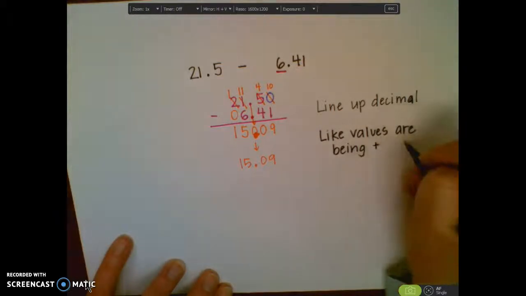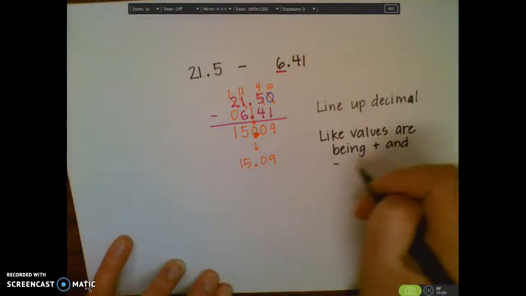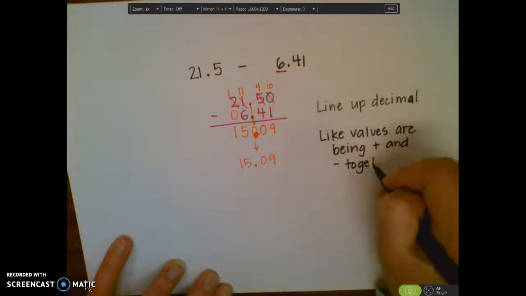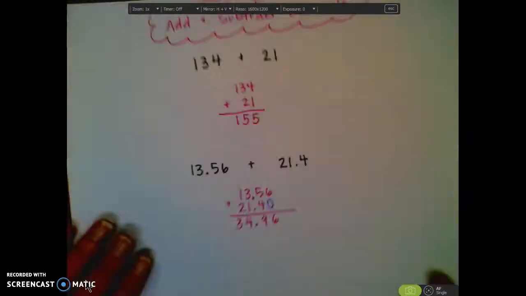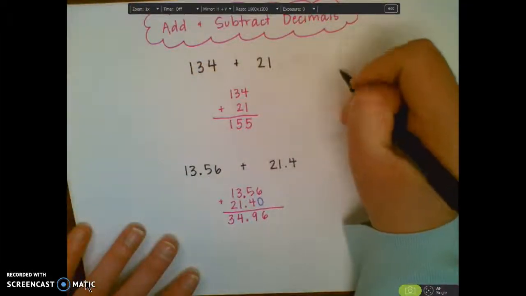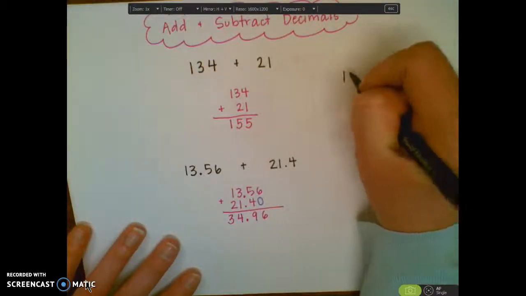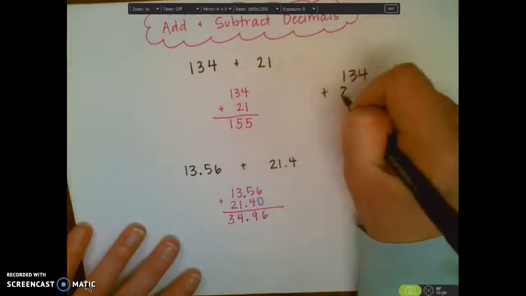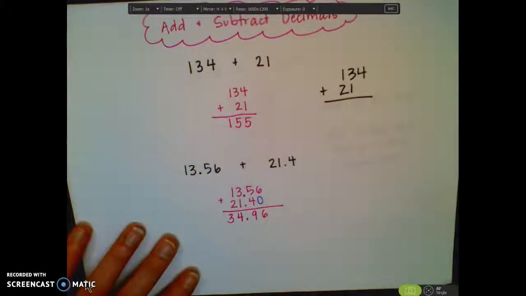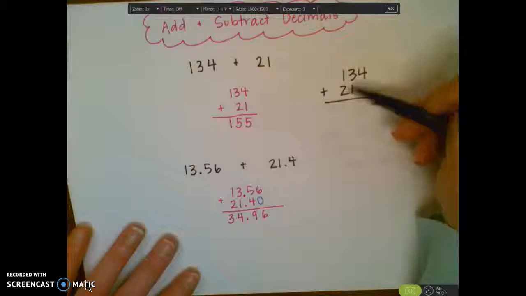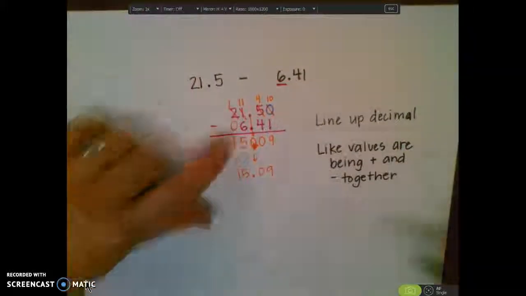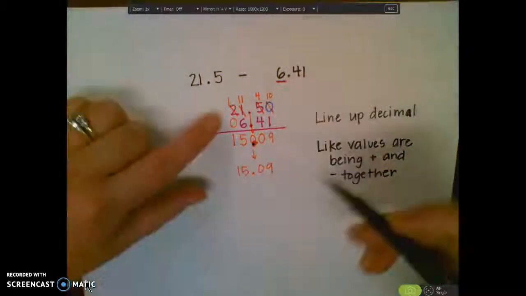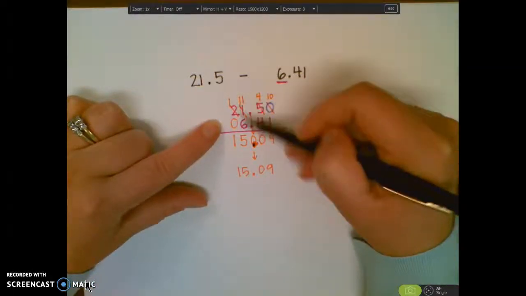Because if I didn't do that, I'd be taking a problem like 134 plus 21 and maybe doing this. And we know that's not correct because now I'm putting hundreds with a 10 and a 10 with a 1. That's not okay. So by lining up the decimal here, I'm able to line up like values and get my correct answer.